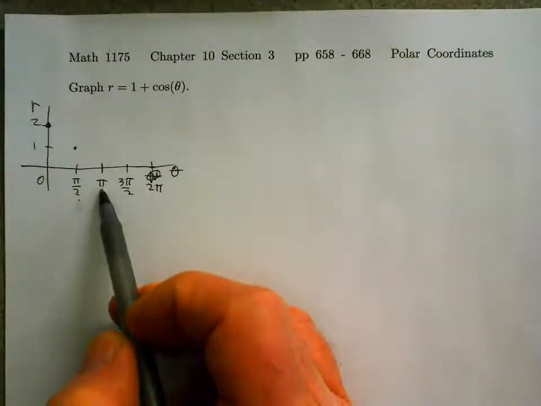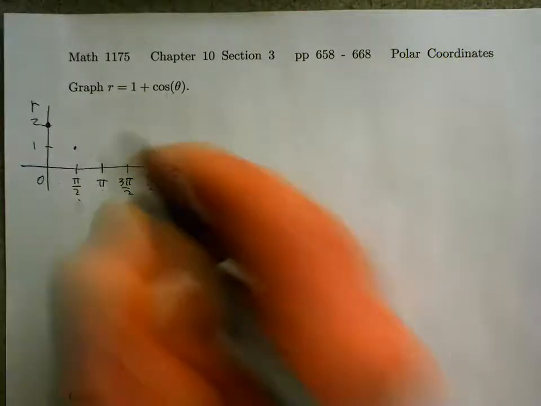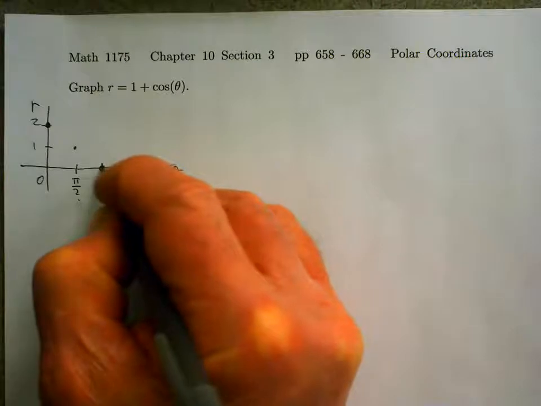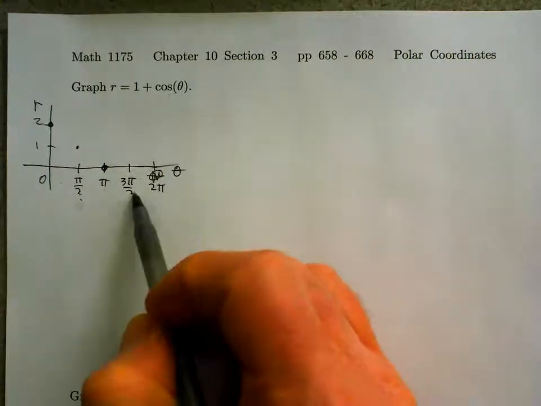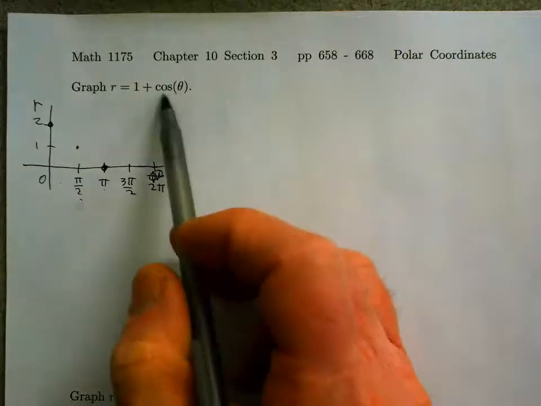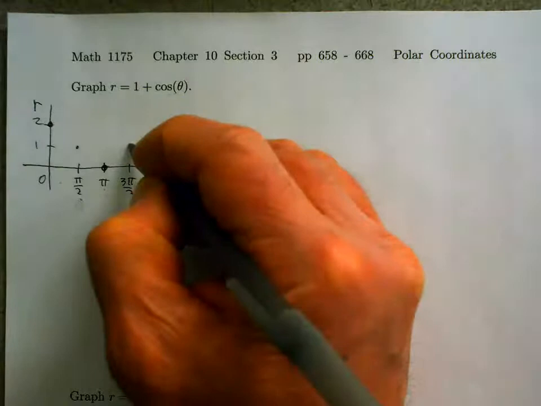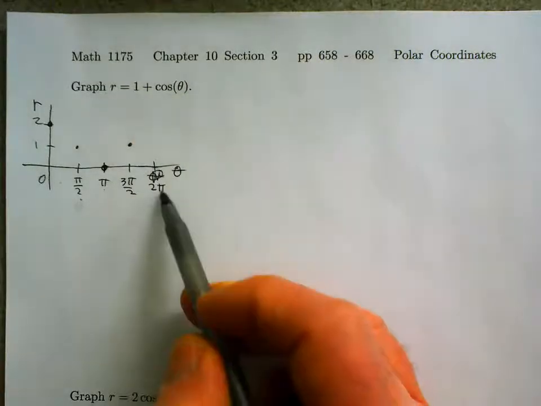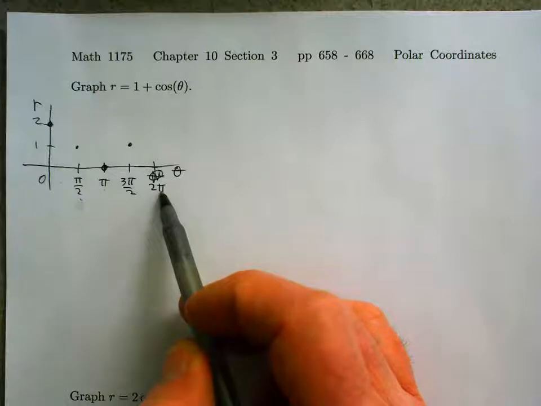When theta is pi, cosine of pi is negative 1. 1 plus negative 1 is 0, so the r value is 0. At 3 pi over 2, cosine of 3 pi over 2 is 0. 1 plus 0 is 1. And then finally, when theta is 2 pi, cosine of 2 pi is 1.